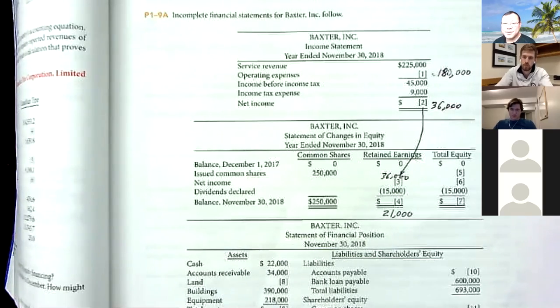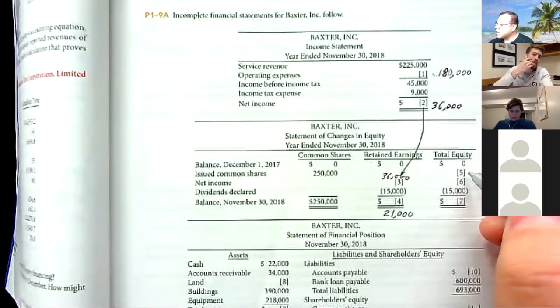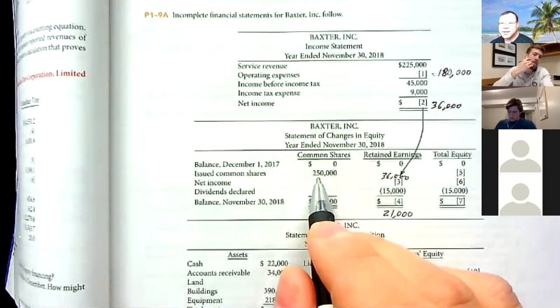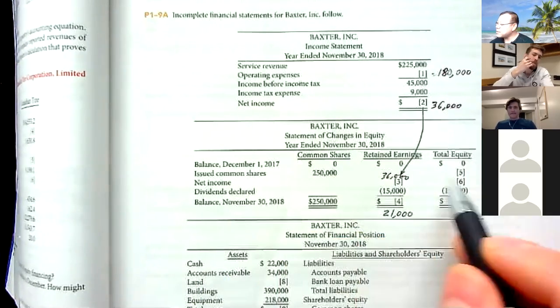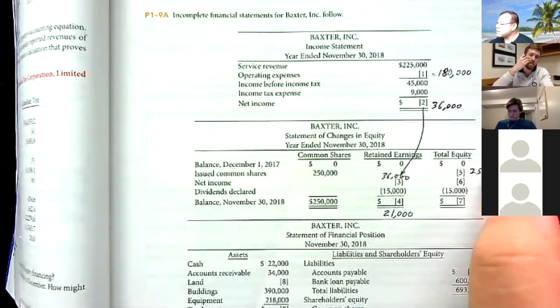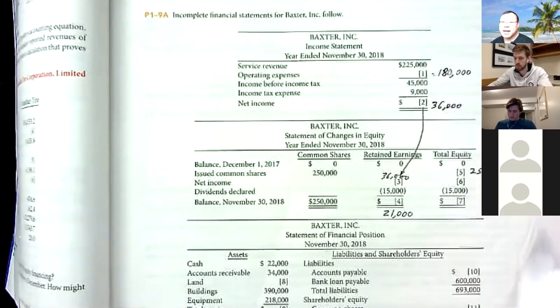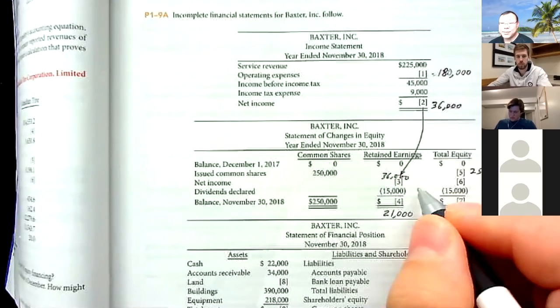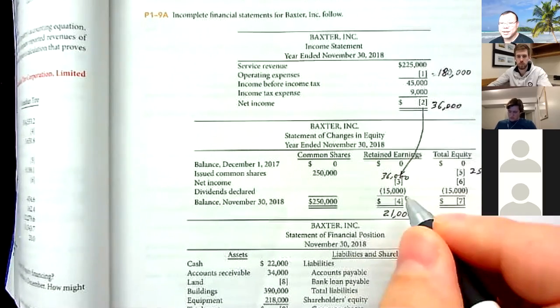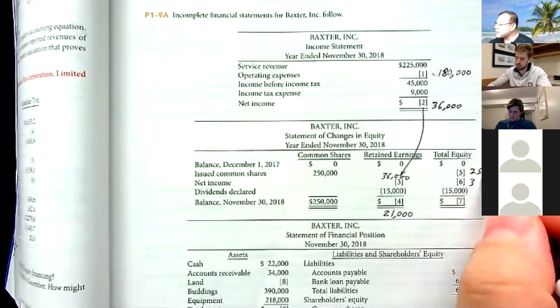Okay. So what's number five? Number five, total equity for the component of common shares. That would be just 250,000, right? That's the newly issued share. And then number six equals number three, that would be 36,000.